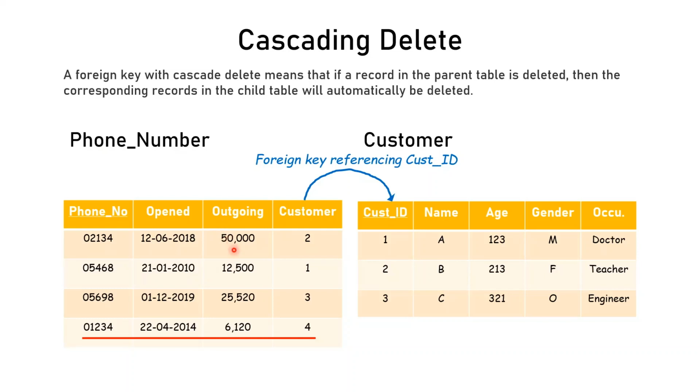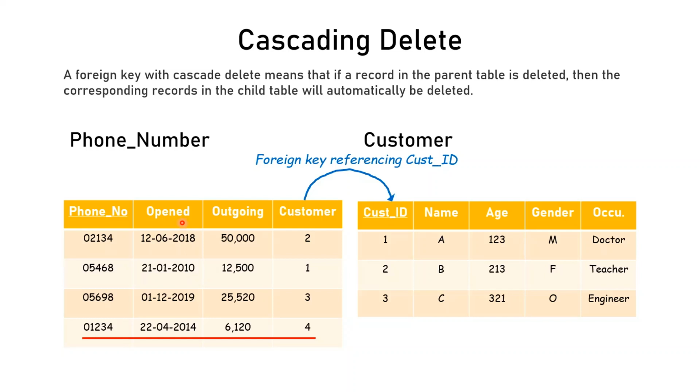So to reduce this redundancy, we need some way so that whenever an entry is deleted in our customer table, all the entries that are related to that customer in our phone number table are also automatically deleted. So that's where cascading delete helps us.